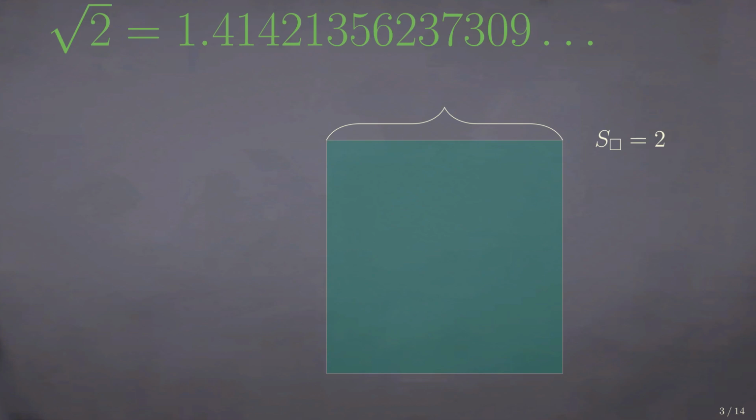Now let's think about the square root of 2 not as a decimal expansion but as the side of a square with area 2. Given a number a, it is quite straightforward to compute its square, because it is a times a. But the other task, given 2, finding a so that a squared is 2, is somewhat not in the right direction, so it is a little bit more complicated to determine.